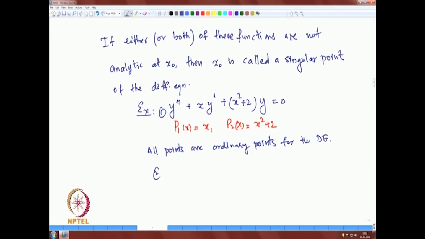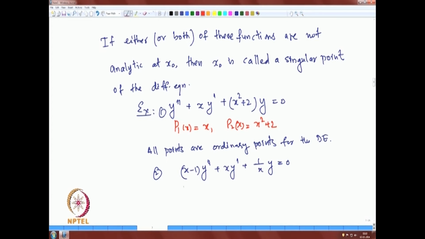And if we consider another differential equation, (x minus 1) y double prime plus x y prime plus 1 upon x y is equal to 0.